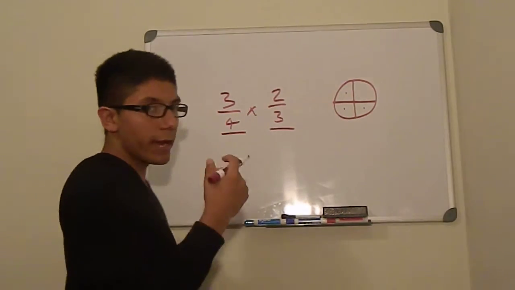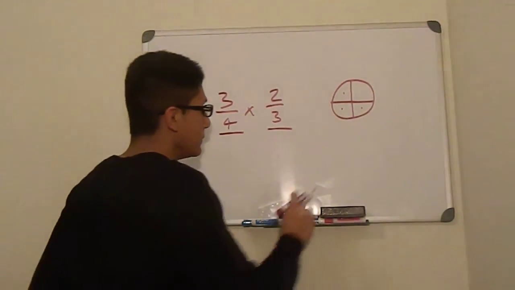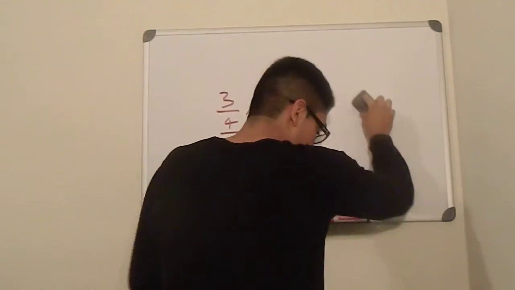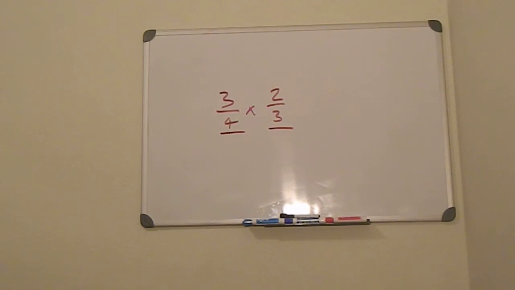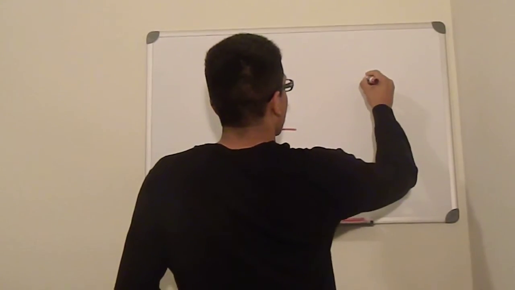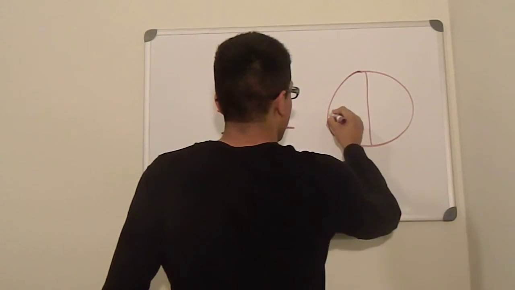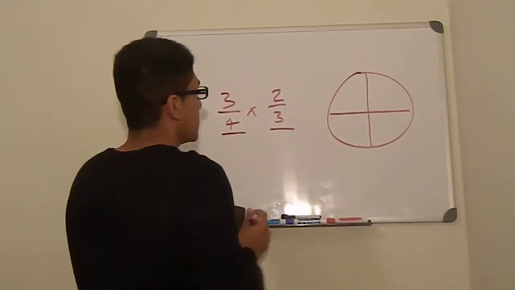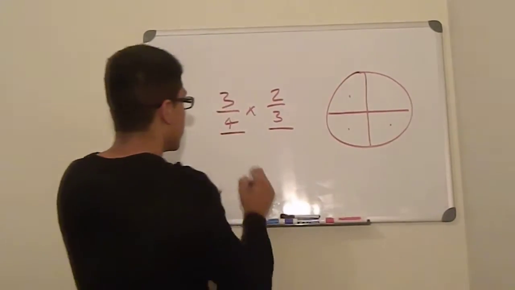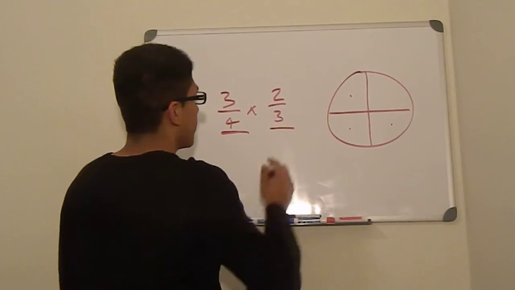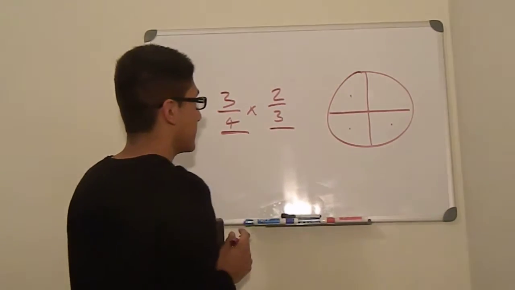So the way that I prefer to think about it, let me actually make this bigger, because it's going to get a little tricky. So we have this one here, and this one here. And now we want to multiply it by this amount of times.